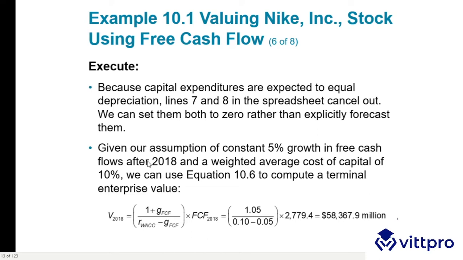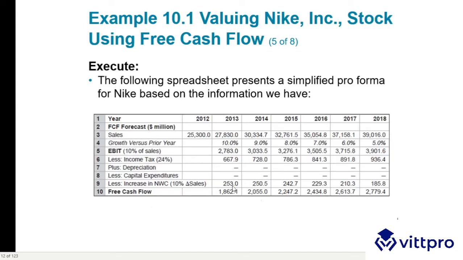Okay, the way to calculate this 58 is, because we know after 2018 our income will become fixed, constantly increasing at 5%, right? Since in 2018 we are earning 2779, our cash flow is 2779, right?